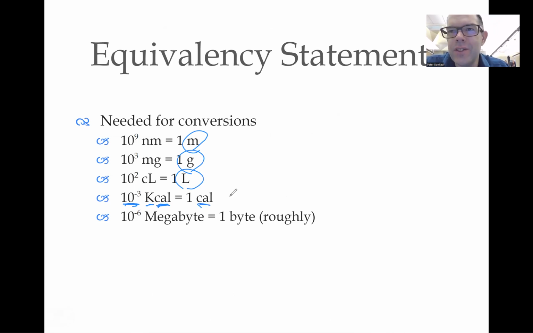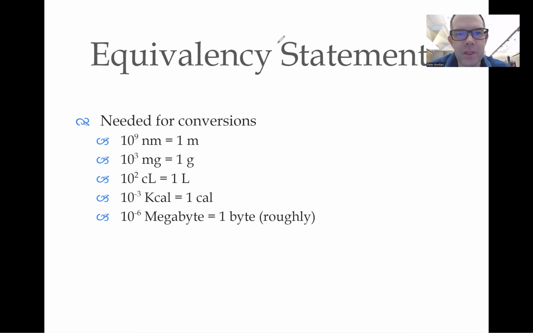Sometimes in physics you'll see newtons. This one I use is a computer one. I don't think there are any other problems at all, but I just wanted to show you. You may have heard of gigabytes and terabytes, and a megabyte is 10 to the minus 6, so 10 to the 6 bytes is 1 megabyte, which is super funny. Okay. Hopefully this is all making sense so far.